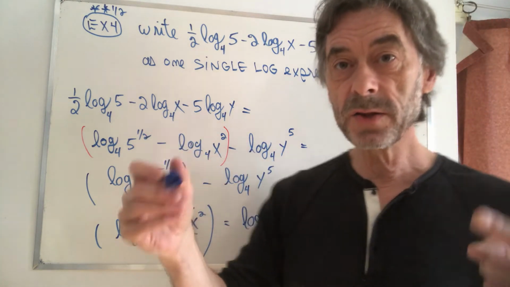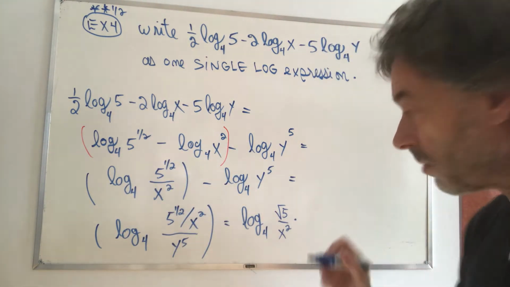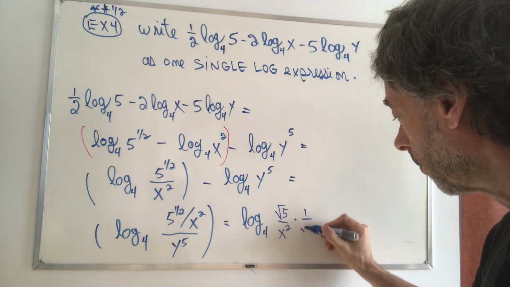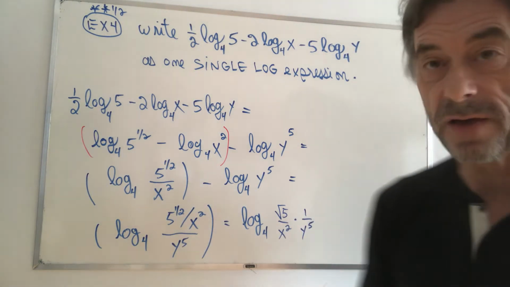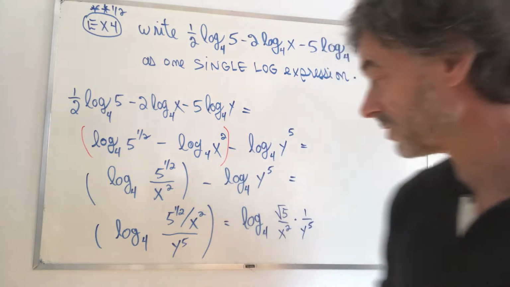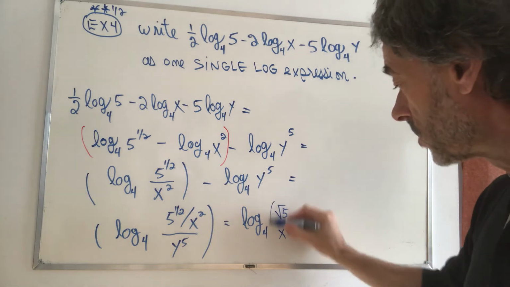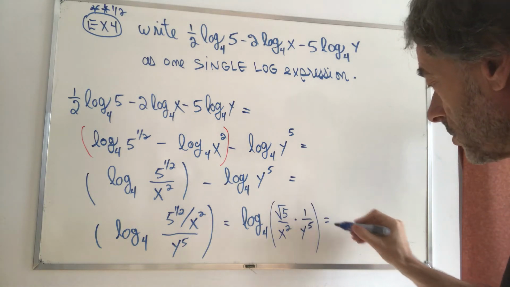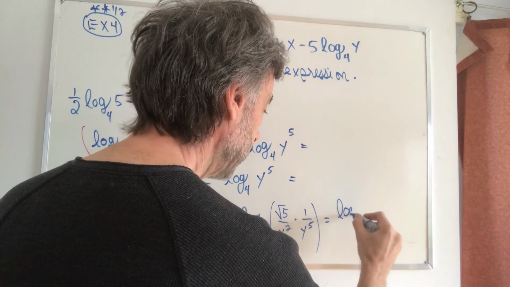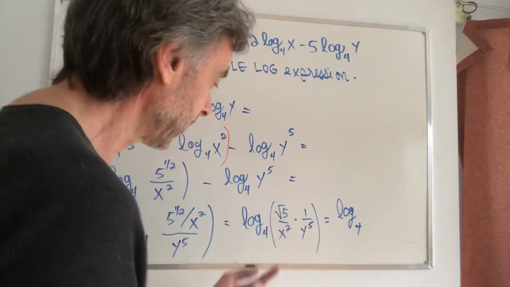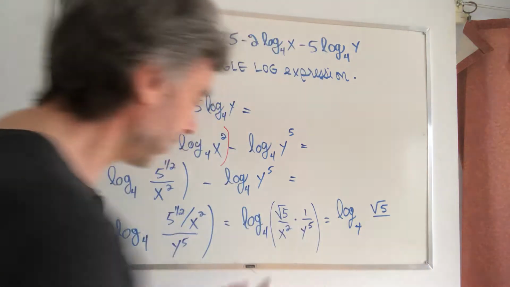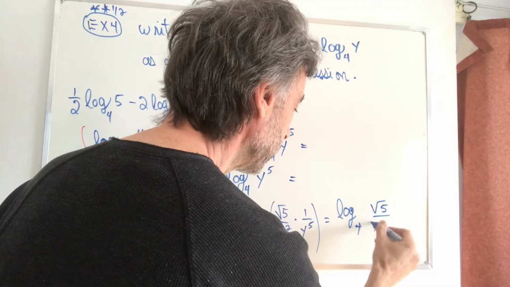Division by y to the 5 is the same as multiplication by 1 over y to the 5, right? Division by y to the 5, multiplication by the reciprocal. We've seen that before. So I can regroup this together, and the final answer will be log base 4 of root 5 over x squared y to the 5.